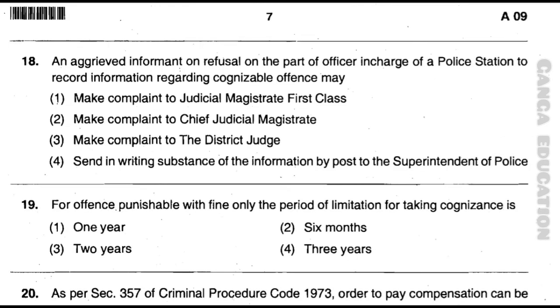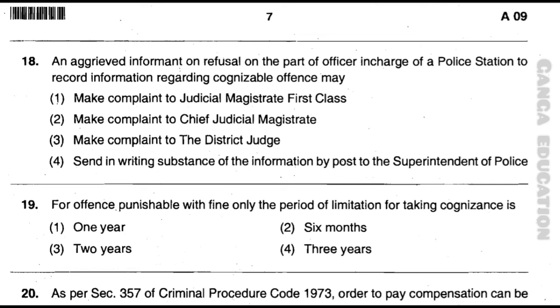Now question number 18. An aggrieved informant on a refusal on the part of officer in charge of police station to record information regarding cognizable offence may, option number 1, make complaint to Judicial Magistrate First Class. Option number 2, make complaint to Chief Judicial Magistrate.